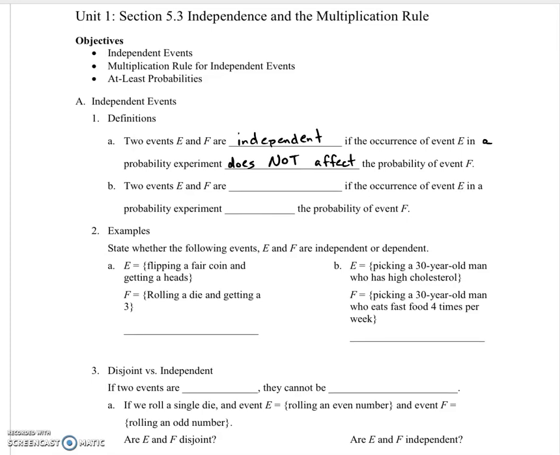So events E and F are dependent if the occurrence of event E in a probability experiment does affect the probability of event F occurring.